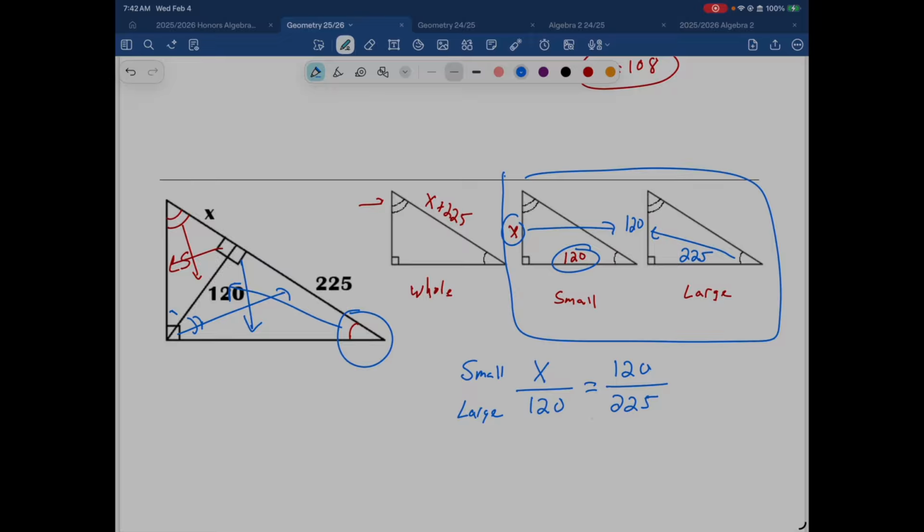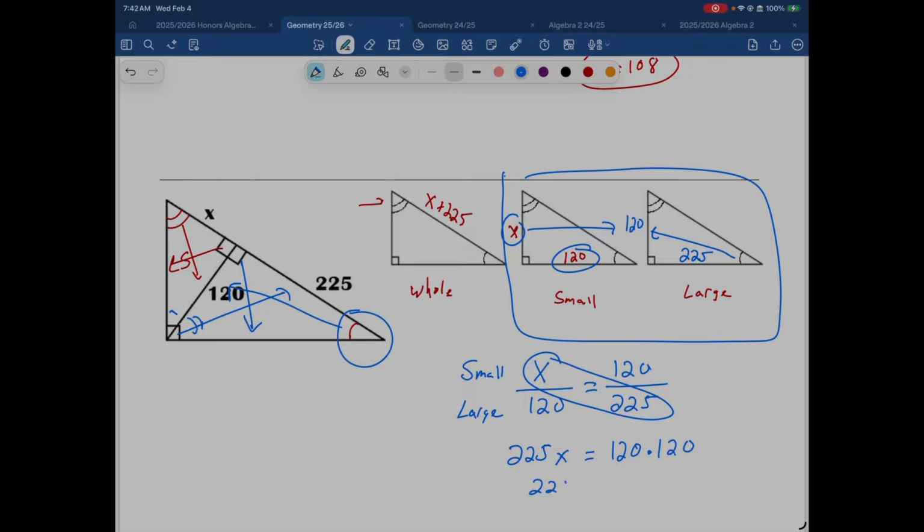Cross multiply this time, we get X times 225. That's 225X. It is going to equal 120 times 120. 120 times 120.